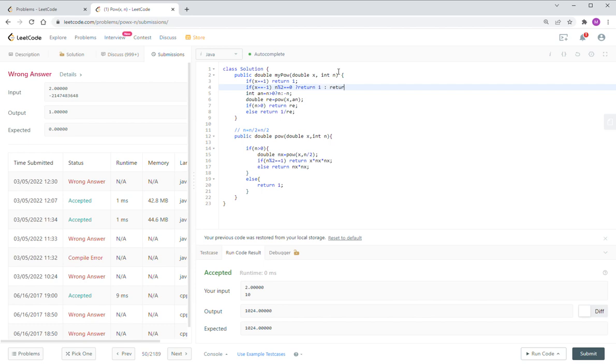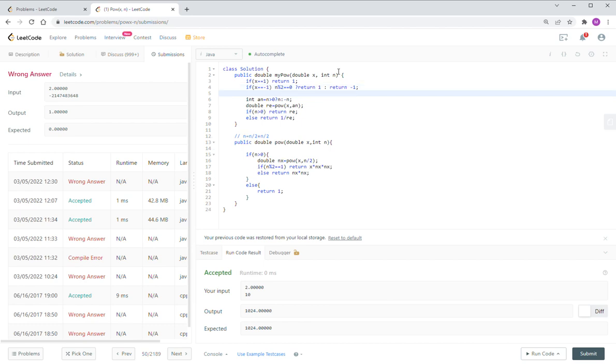Otherwise, return -1. Okay, and then we need to handle this value. Actually, I think this is a LeetCode error. So 2 to the power of max integer should be some value, not 0, right? To pass the LeetCode test, we have to write this one.